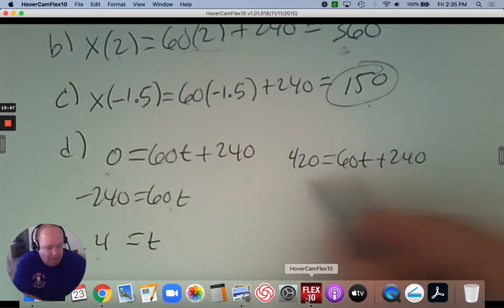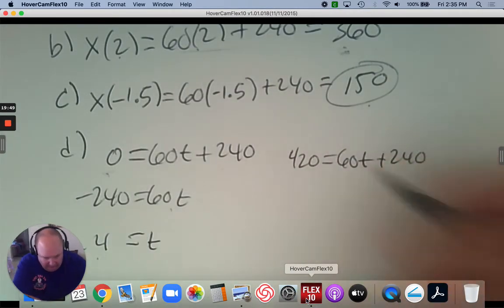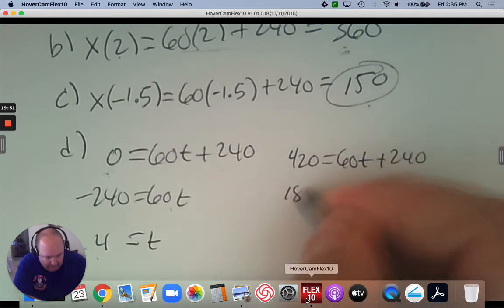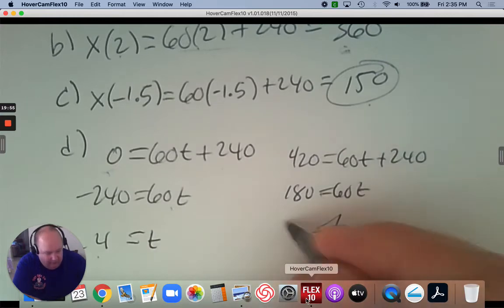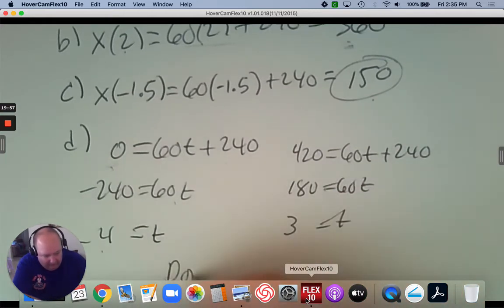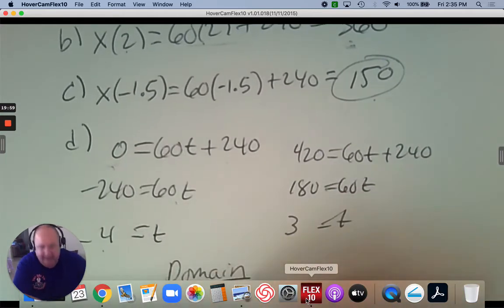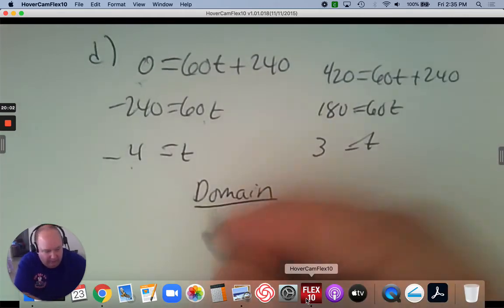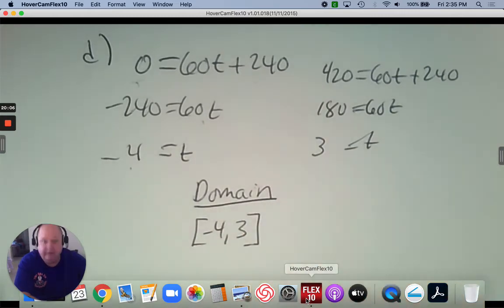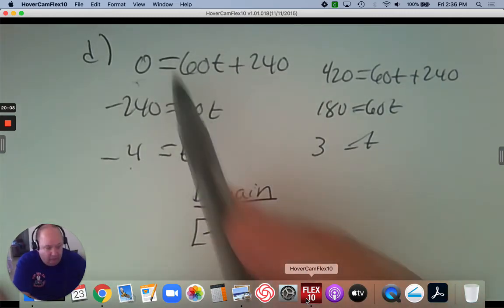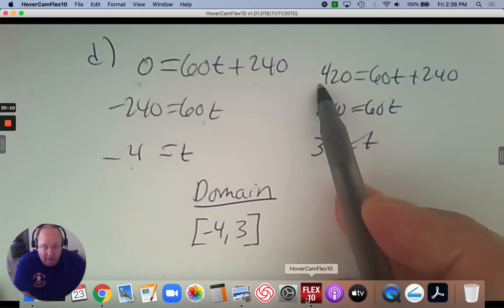So make it equal to 420, subtract 240. That's 180. Divide by 60, that's 3. So your domain for t, not x, would be from -4 to 3. That goes from 0 to 420 miles in a day.